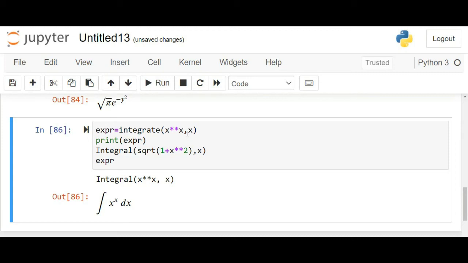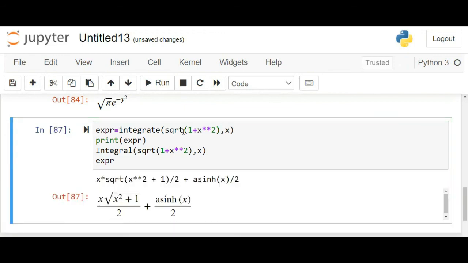So integral, here we will also change square root, Control and C, and here we will write Control, and then this is just like square root of x into x square plus 1 divided by 2. This is actually the integration of square root of 1 plus x square.